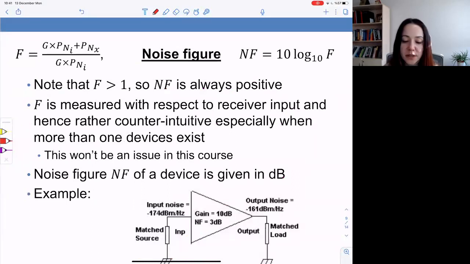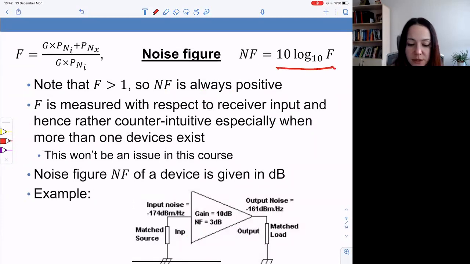Now we define something called a noise figure. You know, we like adding dBs to dBms, right? So we define a dB noise figure, which is simply 10 log to the base 10 of the noise factor.